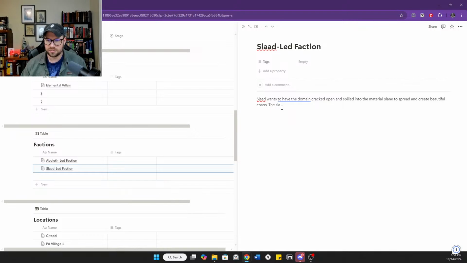Slod was summoned into this Domain of Dread and can't escape until the domain is opened to the material plane. And we'll say it's kind of a 2 for a goal. Escape and the spread of chaos. Cool.